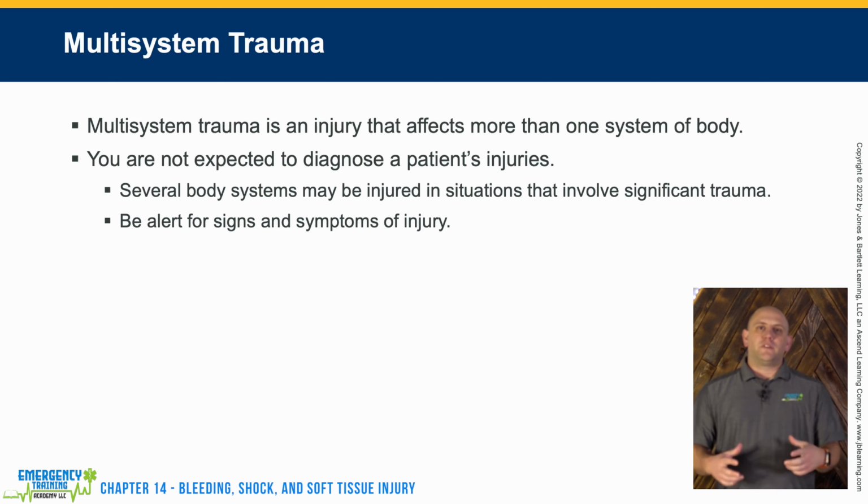It's not very often that we have a single wound that isn't affecting anything else in the body. So what we end up with is a multi-system trauma, and this is when more than one of the body systems has been affected.